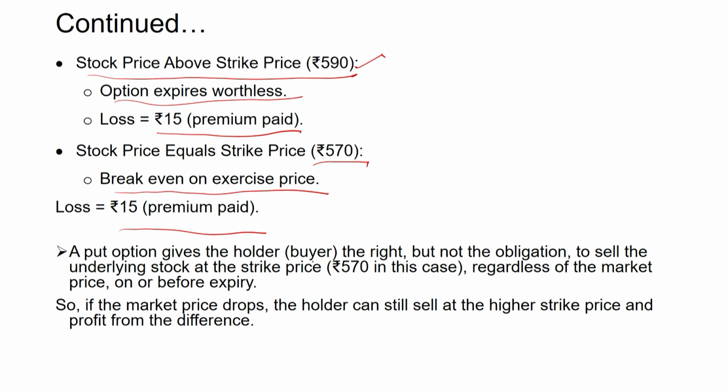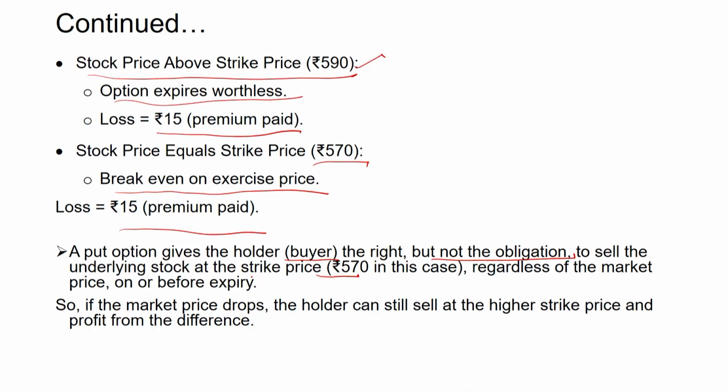Now, a put option gives the holder the right but not the obligation, that we need to remember, to sell the underlying asset at the strike price of 570, regardless of the price fluctuations of the asset. Whether the price is 530 or 590, the selling of the asset will take place at 570 rupees only.